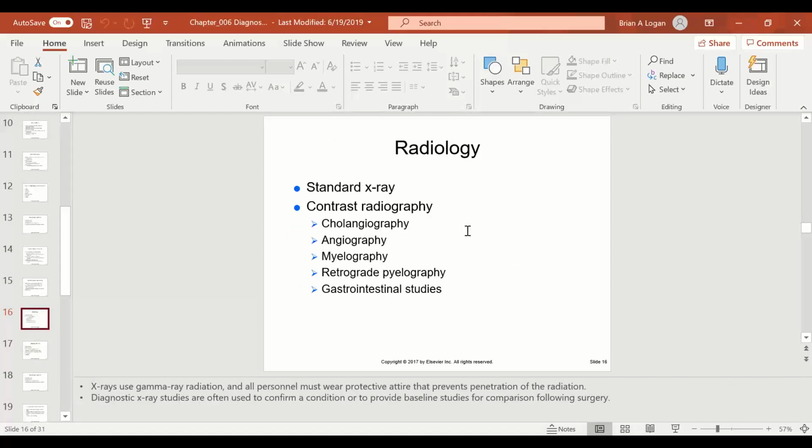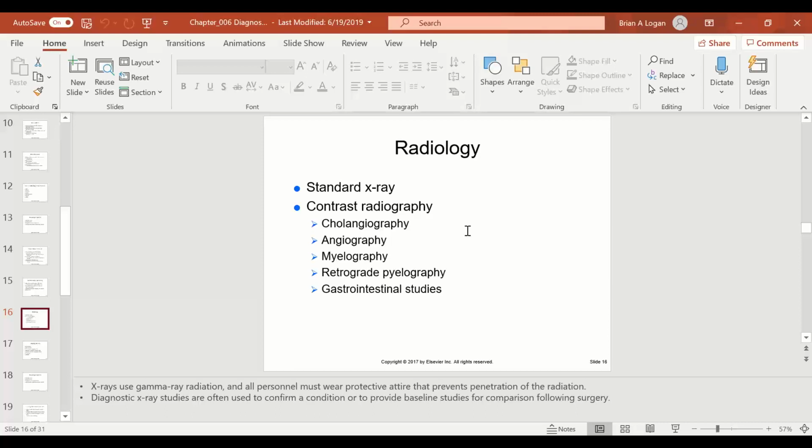Radiology. I talked about this as being one of your diagnostic departments. Pretty much the entire department of radiology is diagnostic, except for interventional radiology, where you're going in and placing stents and things like that. Otherwise, what we're trying to do is get a picture of inside the patient to see what's going on.